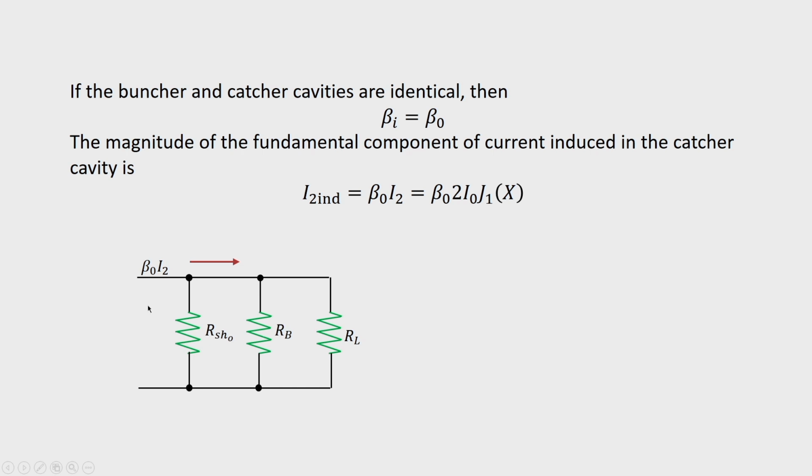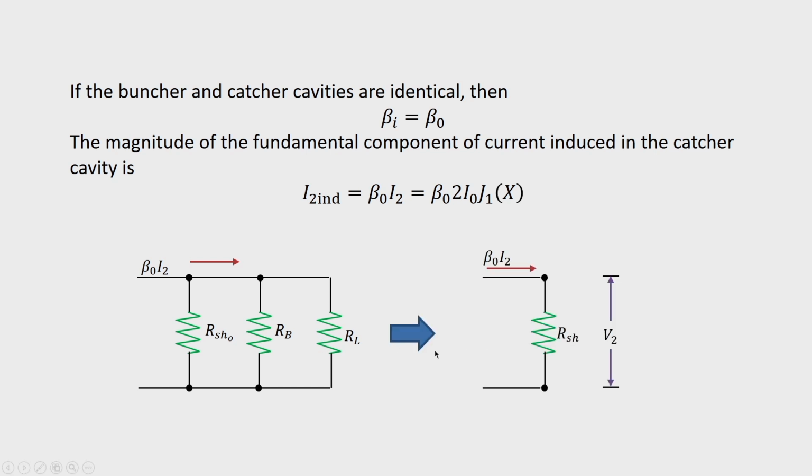Now, this beta naught I2, this current actually flows through the parallel combination of these resistances: R_sh0 representing the conductivity of the catcher cavity walls, R_B is the beam loading resistance, usually very high, and R_L is the load resistance that is connected to the output of the cavity.